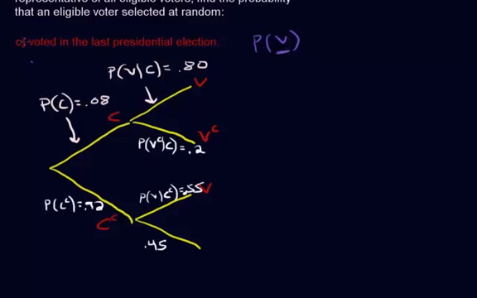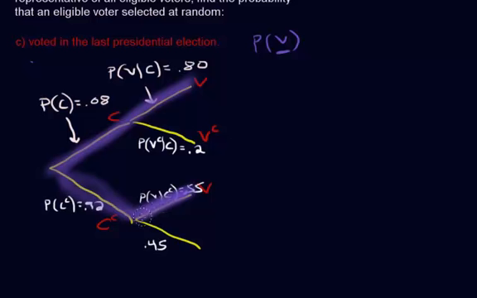Well, this one does, right? These are the people who voted. Who else voted? These people. So if you voted, it means you've gone up this branch or you've gone up this branch. That makes things pretty easy.